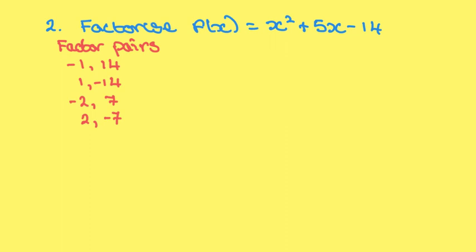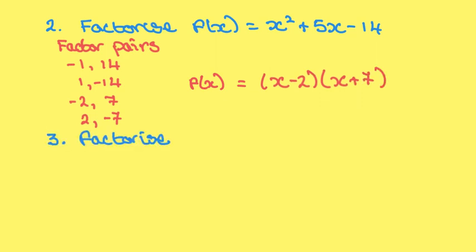Minus 2 plus 7 is 5. So our factor pair that we're going to use in this case is minus 2 and 7. So the third thing we need to do is put it into brackets. So f of x is equal to x minus 2, x plus 7.